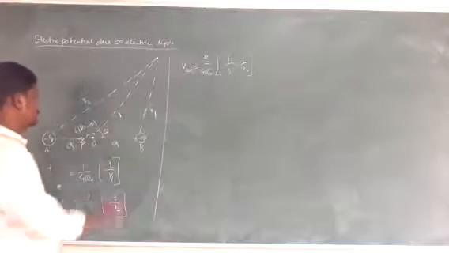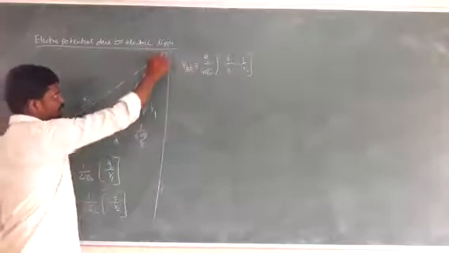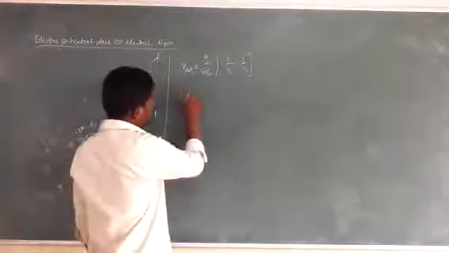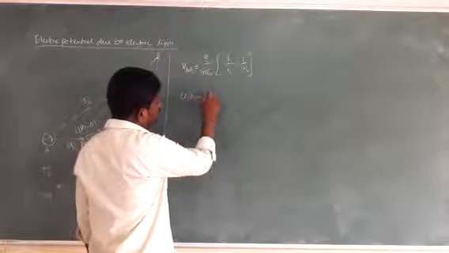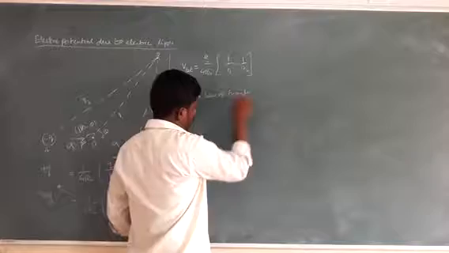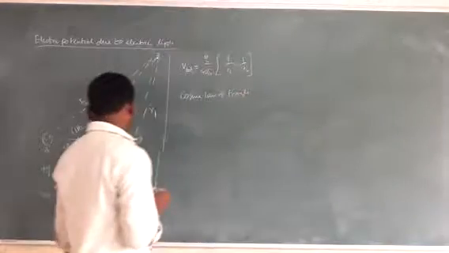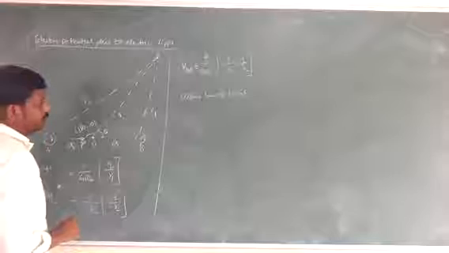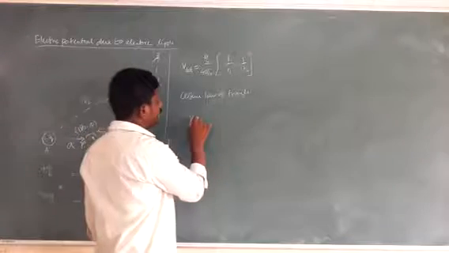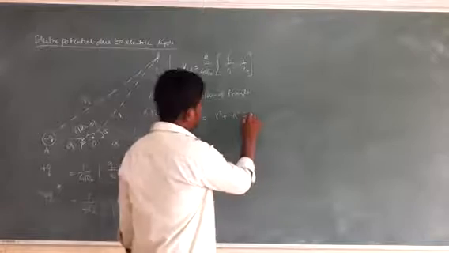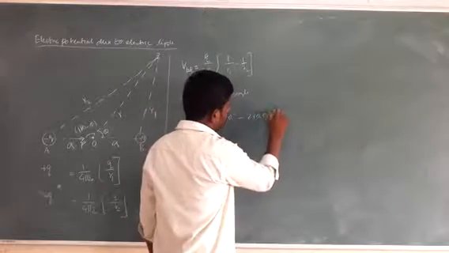So take the triangle OPB, using the cosine law of triangle. That is r1 squared is equal to r squared plus a squared minus 2ra cos theta.